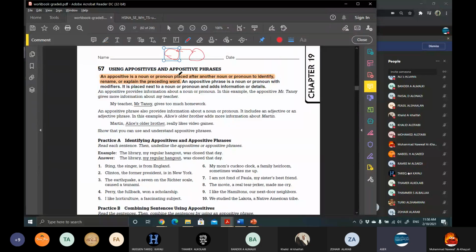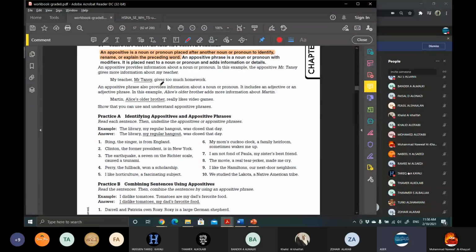Okay, so it's the opposite of nouns as an adjective, because while using nouns as adjectives, the first one identifies the second one, but here in the appositives and the appositive phrases, the second one modifies or identifies the first one. So an appositive phrase is a noun or a pronoun with modifiers.